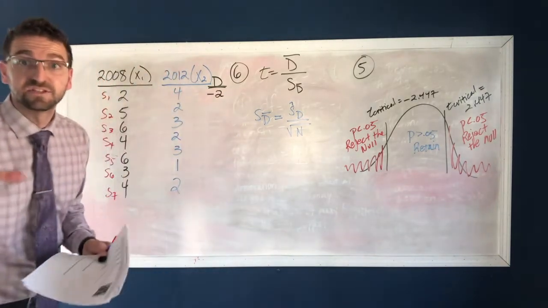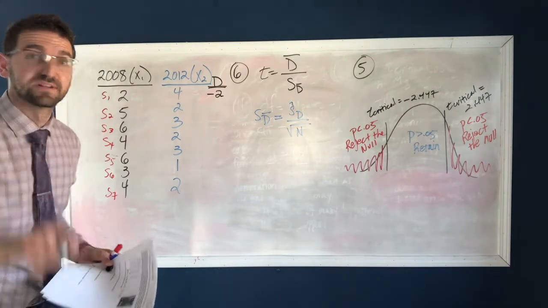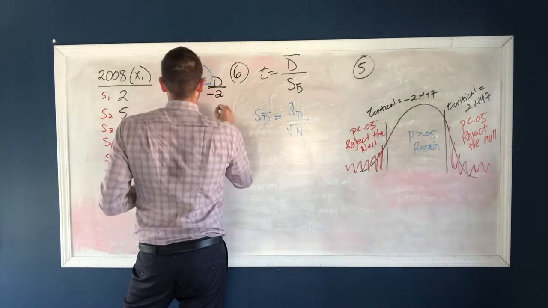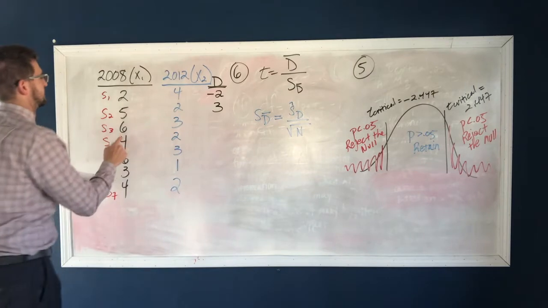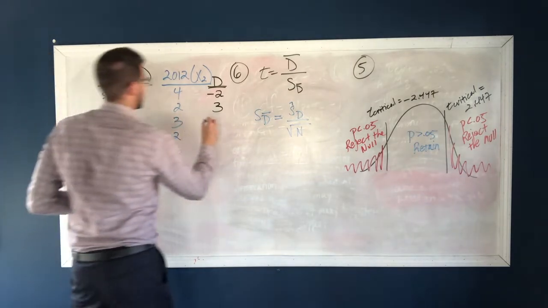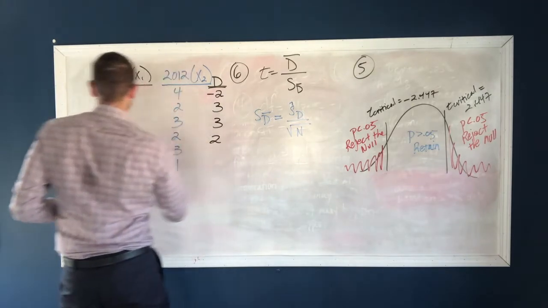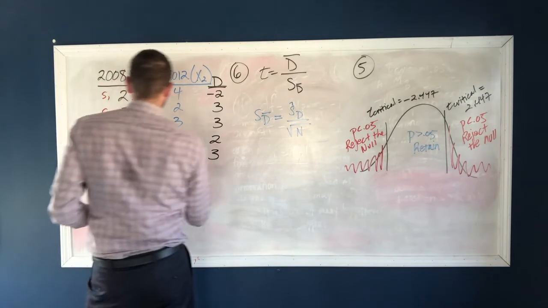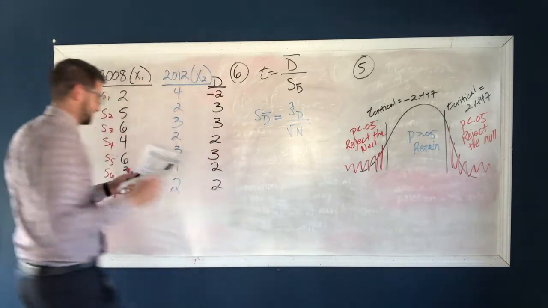There was a change in political orientation by 2 units for participant 1. 5 minus 2. 3. 6 minus 3. 3. 4 minus 2. 2. 6 minus 3. 3. 3 minus 1. 2. 4 minus 2. 2.